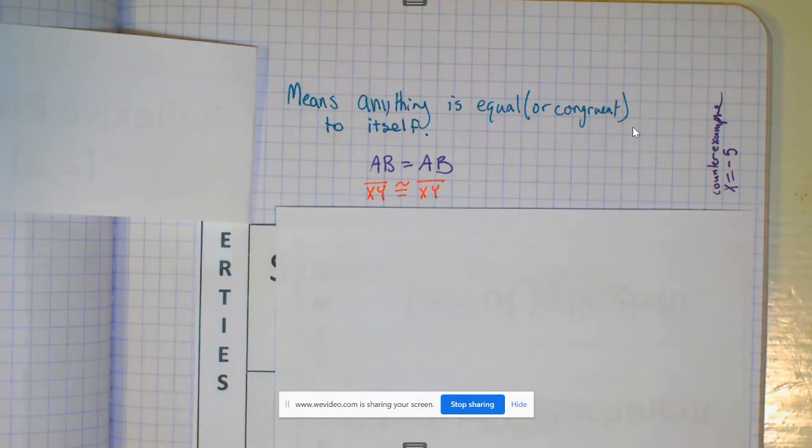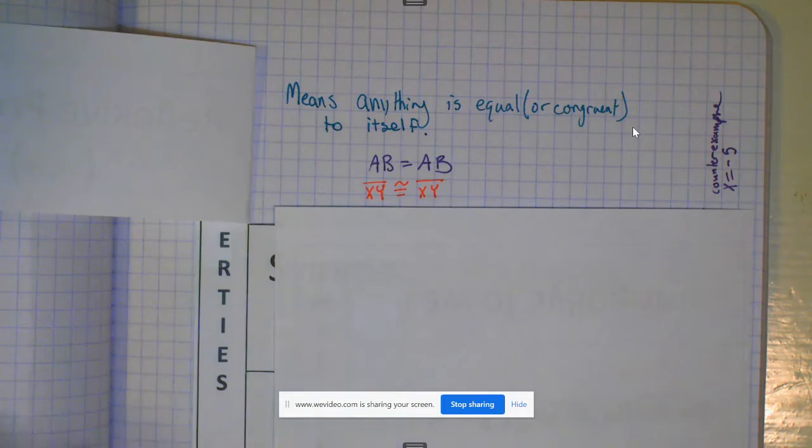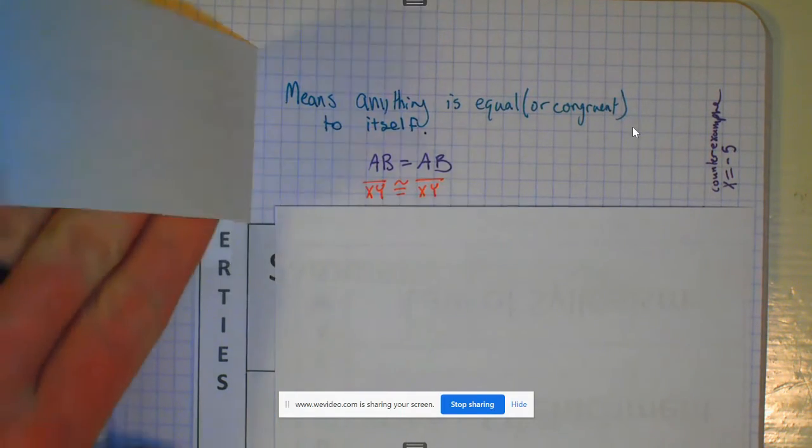So anything can be equal to itself or congruent to itself, and that's the reflexive property of equality or congruence. Just like when you look into the mirror, you see your reflection and you are equal to yourself. So that's why we use the reflexive property. Again, please pause if you need to get more of that down.